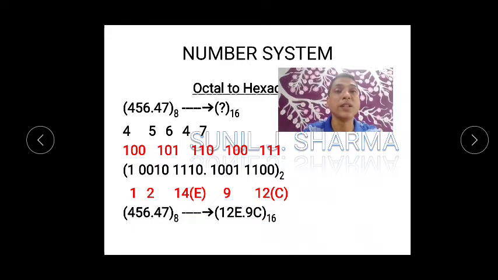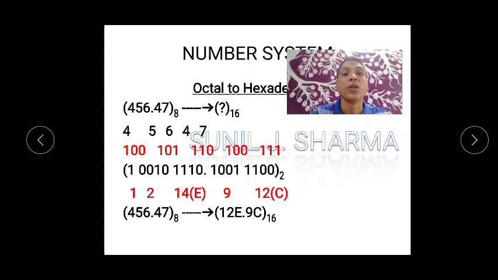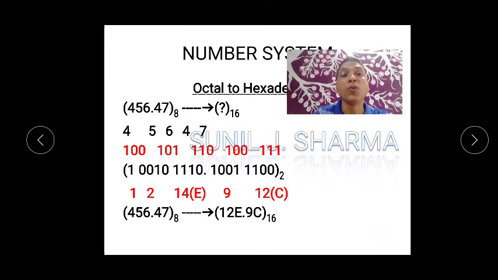Now let's see the same. Almost the same thing is there, but this is a fractional part. When fractions are there, what to do? Now again you have to make a group of 4. So let's see the part before the decimal.